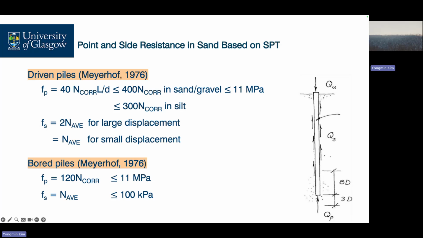But the important thing is we should have a certain cap. Because sometimes our N value is more than 100. In certain areas we face rock very early. The expected value now is 200. So you key in here 200 times something, more than 1,000 kilopascal, megapascal, something like that. We are not supposed to use these values. We have to cap it.